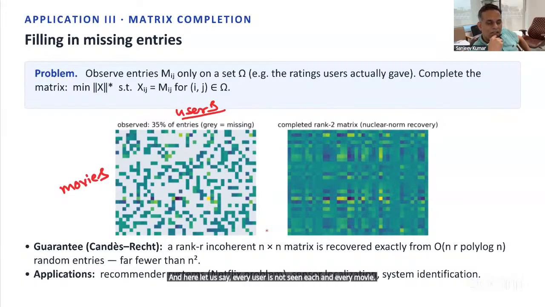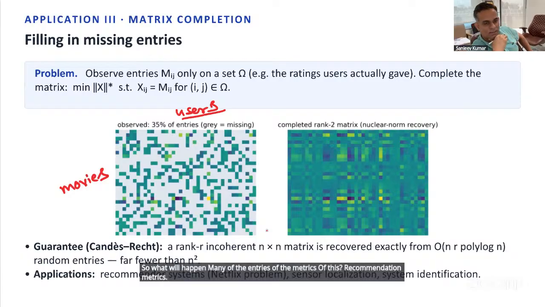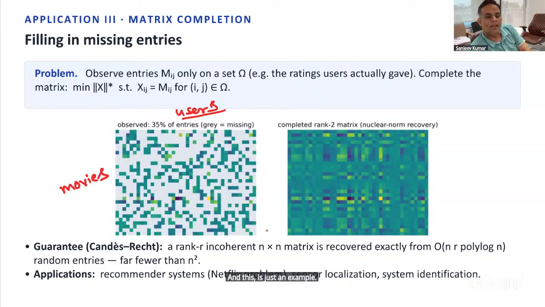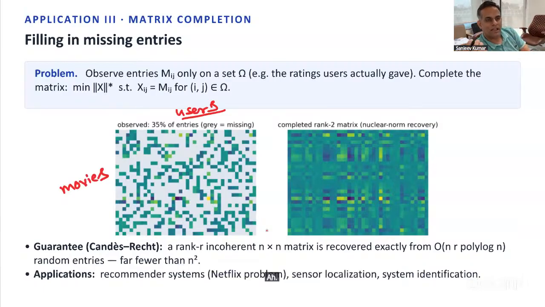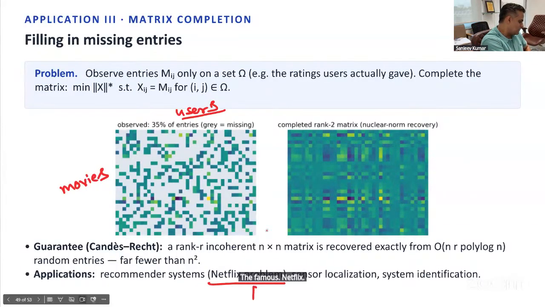So many of the entries of this recommendation matrix will be missing. This is just an example. Many real life problems we can model as missing entry recovery problems. The famous Netflix problem is also this particular problem.